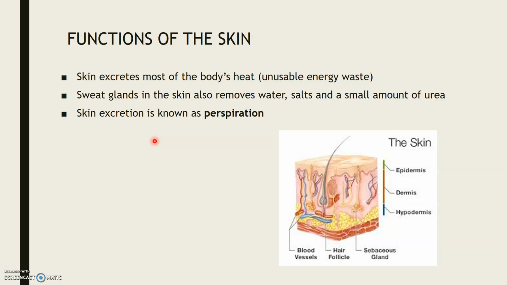So sweat glands in the skin remove a combination of water, salts, and a small amount of a compound called urea, which is a product of breaking down proteins in your digestive tract. This skin excretion that is more commonly referred to as sweat is known as perspiration.